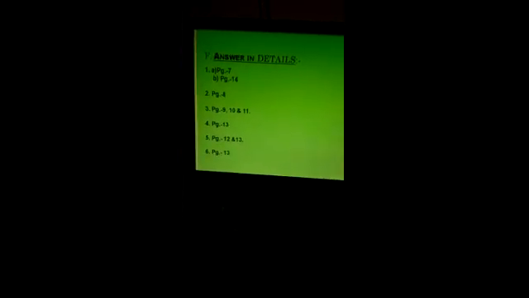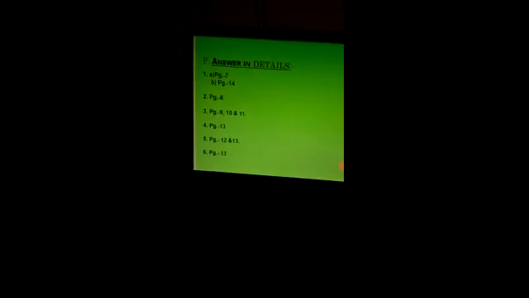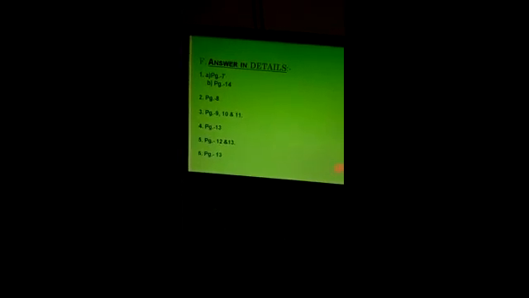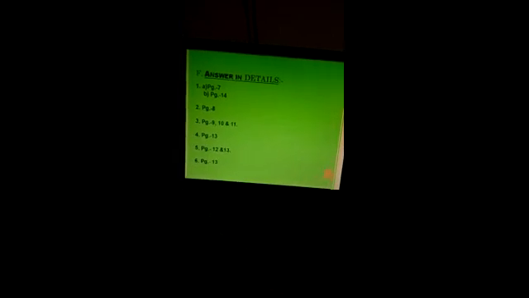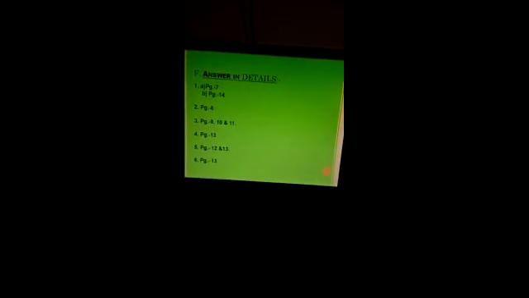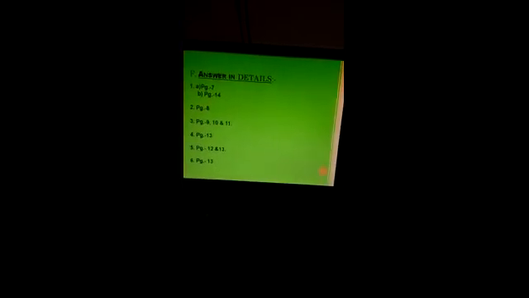Now for the first question, B part, parasitic plants and saprophytic plants. You have to differentiate between them. So move to the page number 14. Word power.